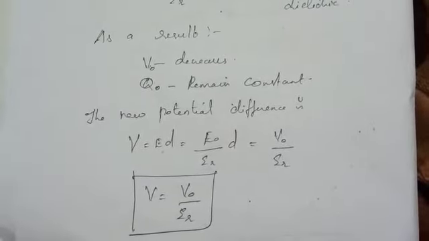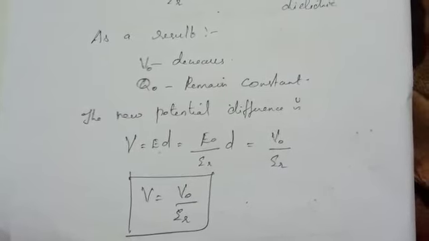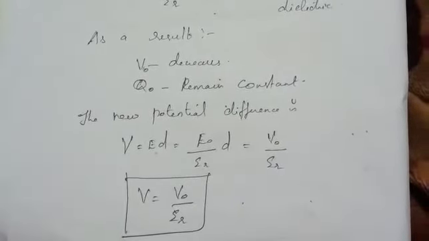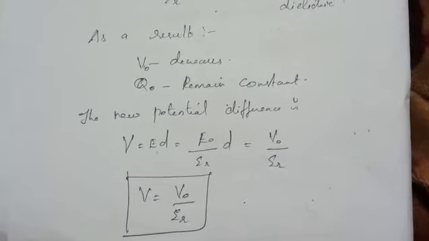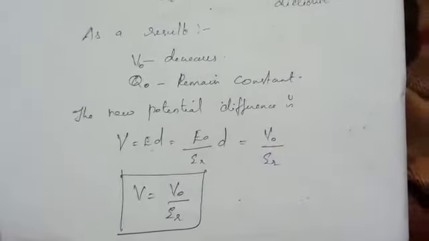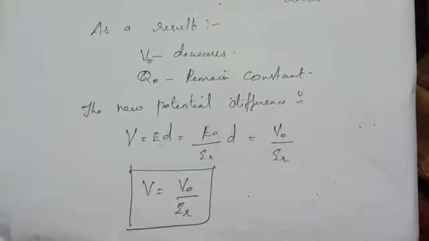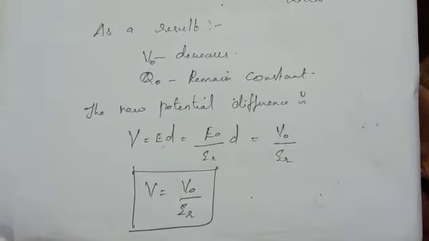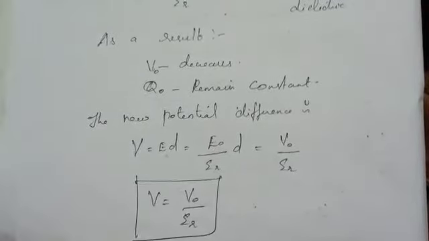The new electric field is E0 by epsilon R, so V equals E0 d by epsilon R, which is V0 by epsilon R, because E0 times d is V0. So the new potential difference is V equals V0 by epsilon R.